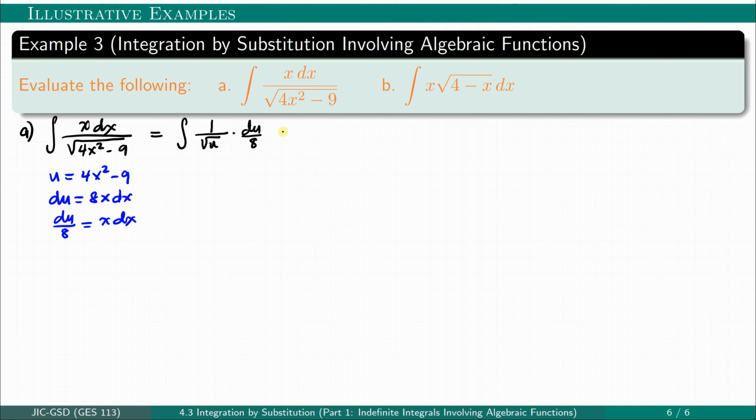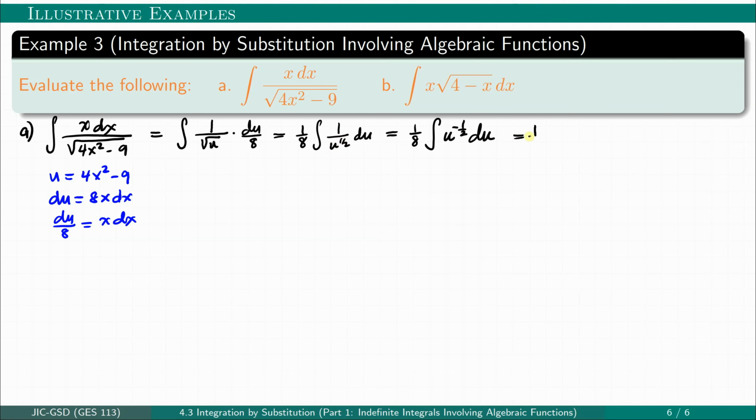We can move 1/8 outside of the integral, and this will be the integral of 1 over u^(1/2) du. But we can further simplify this as 1/8 times the integral of u^(-1/2), putting the variable up but with a negative power, du.